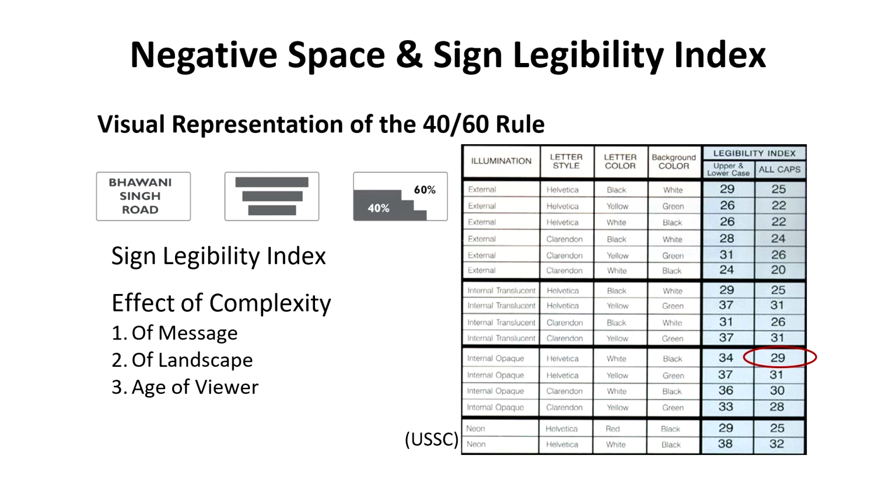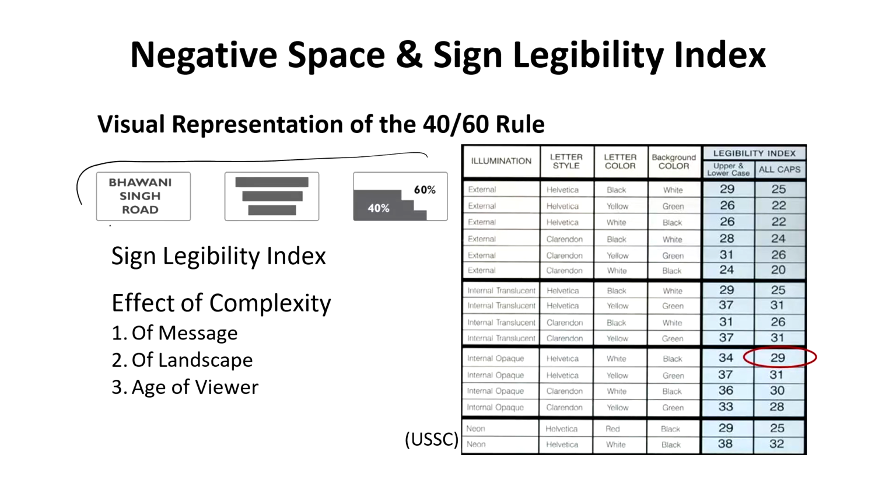Now, let us understand what negative spaces and the signage legibility index are. This is another factor which actually helps in calculating the signage size and the letter height which has been used in the signages.